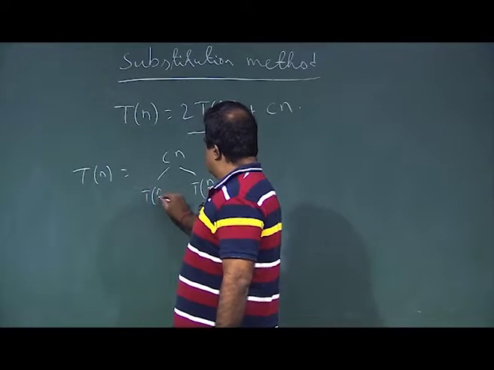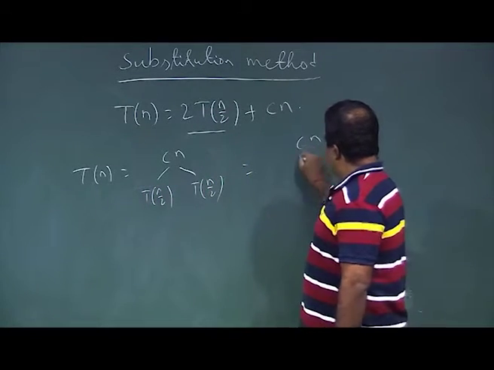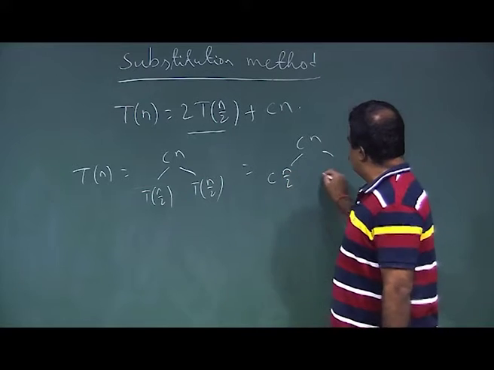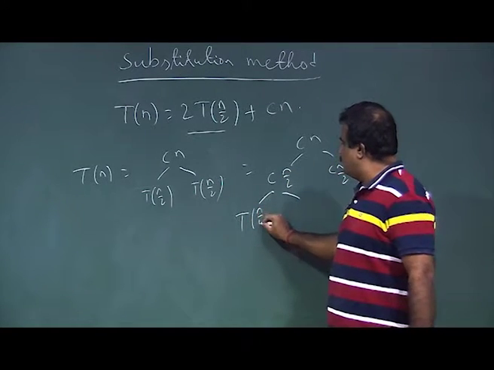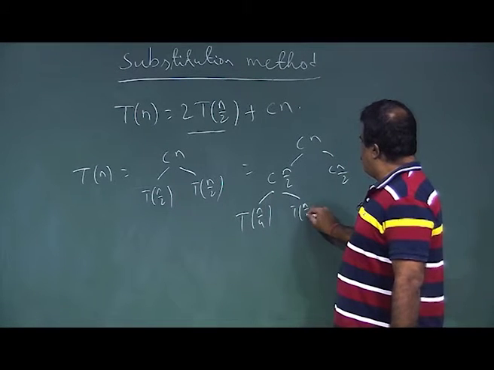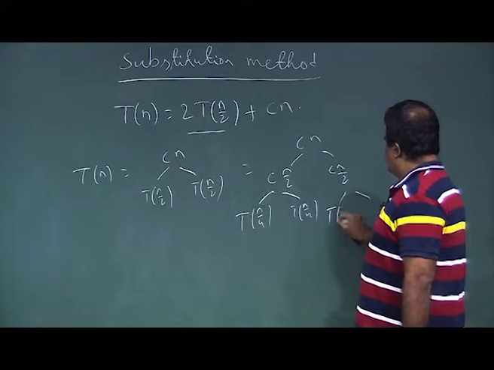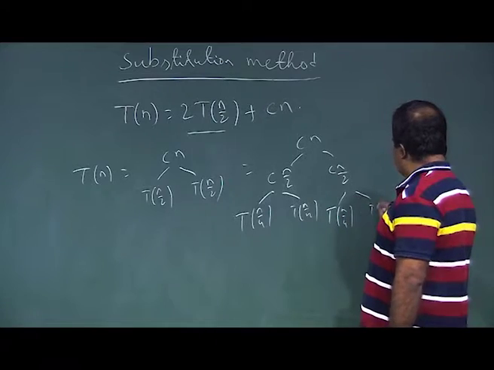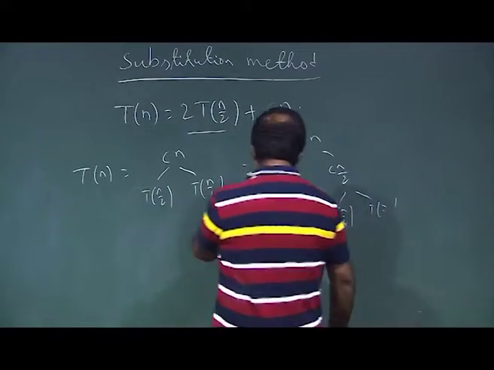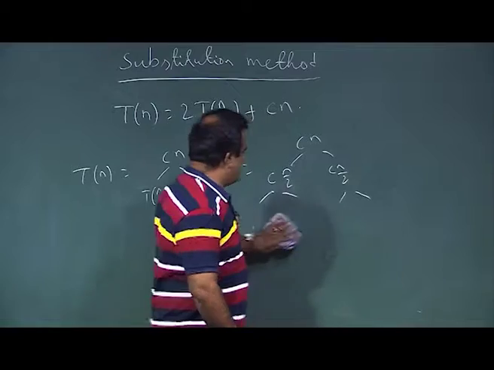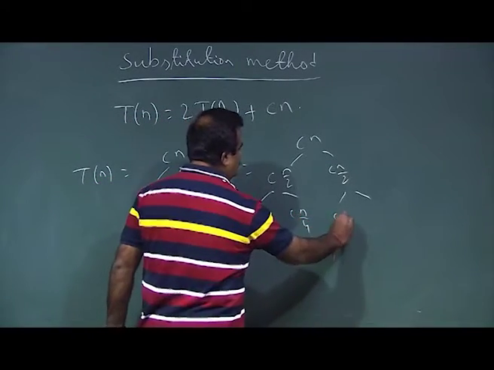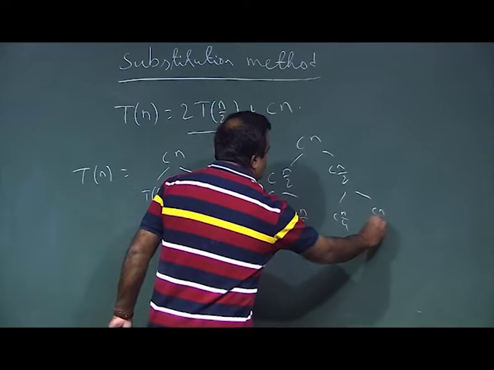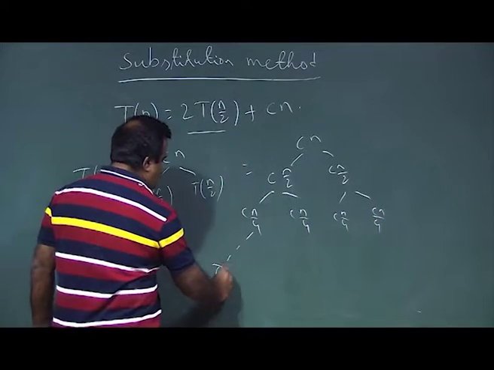So this is basically Cn/2, Cn/2, and it will be T(n/4), T(n/4), T(n/4), T(n/4), like this. This way it will continue until it reaches the constant T(1). So it is Cn/4 in all nodes of this level.